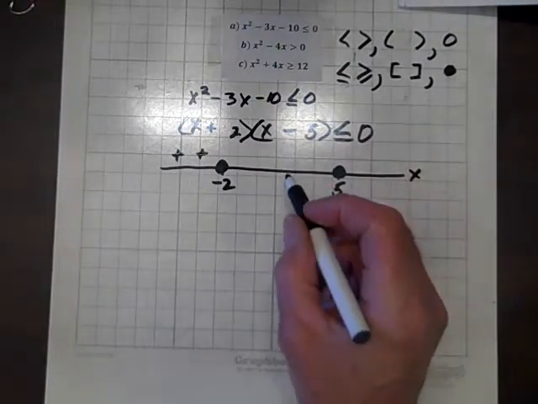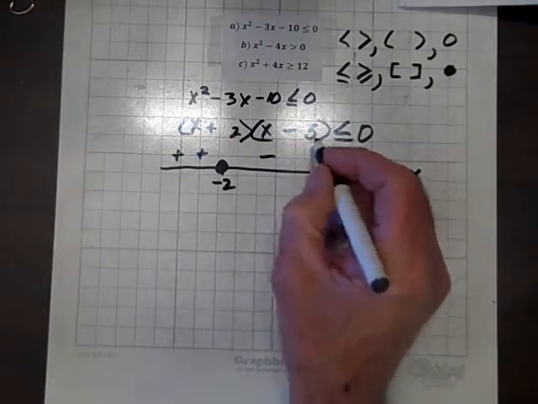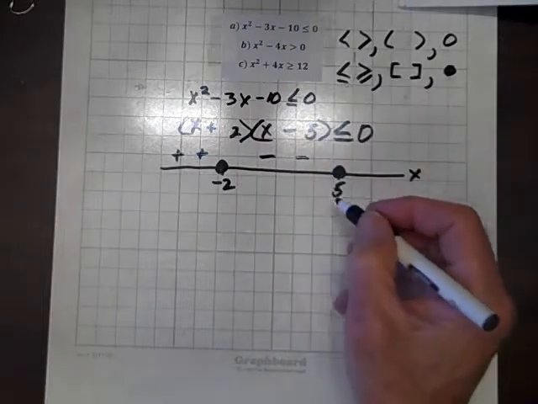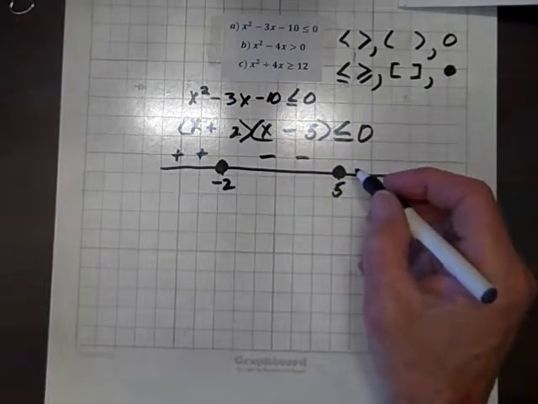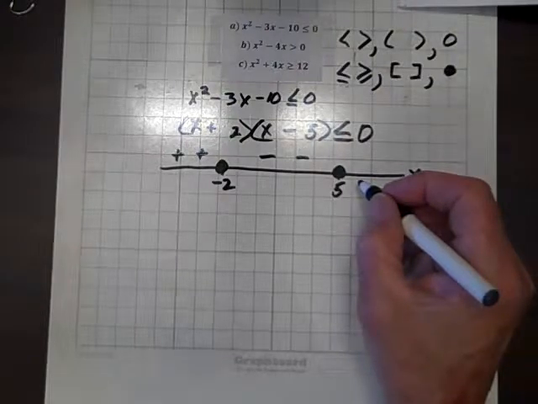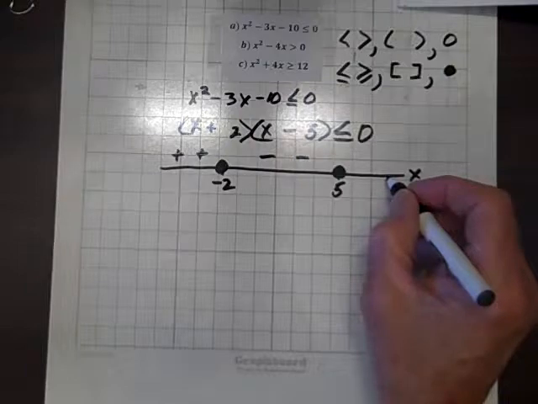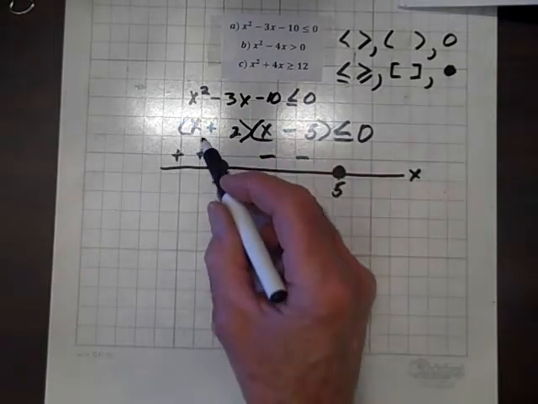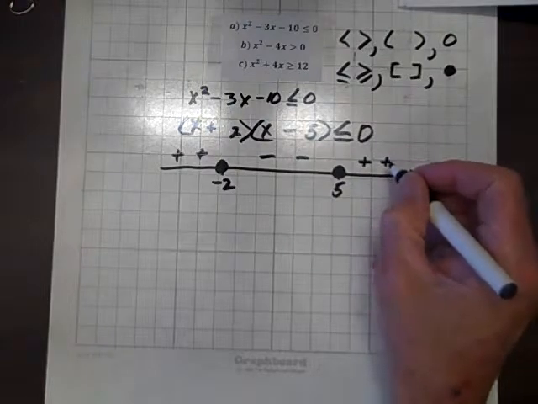Letting x take on the value of 0, we'll have 2 times negative 5, and that's negative. Notice we don't care what the actual product is, we just care what the sign is. Now let's pick a value in this interval. How about 10? Letting x be 10, we'll have the product of 2 positives, which is positive.